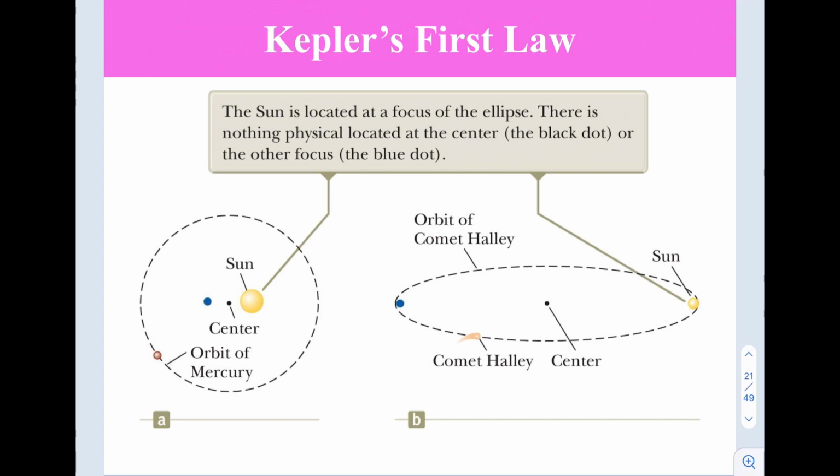So approximately, if we consider the elliptical orbit as a circular orbit, it is good enough. Take a look at this statement: the sun is located at a focus of the ellipse. There is nothing physical located at the center, the black dot, or the other focus, the blue dot.